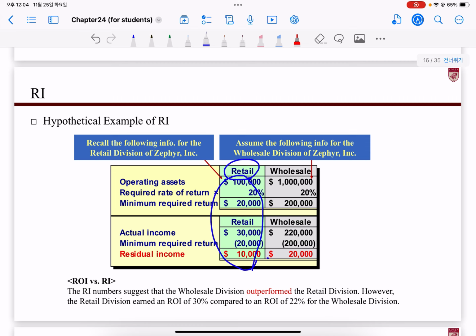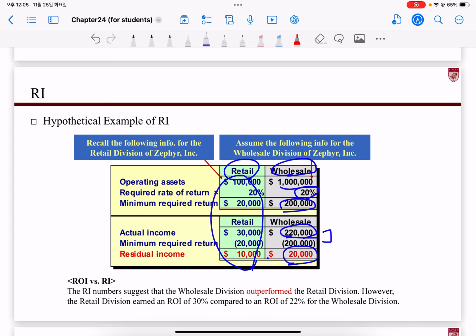And let's say the wholesale division has 1 million, right, as operating assets with the same required rate of return of 20%. Actual income is $220,000. So after deducting the minimum required return of $200,000, it's gonna be $20,000.